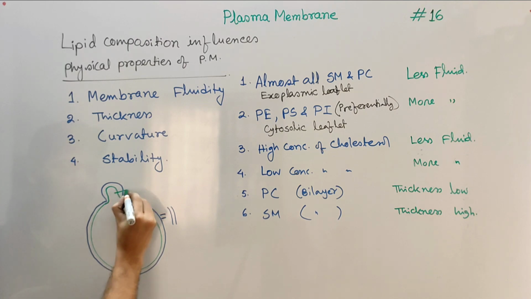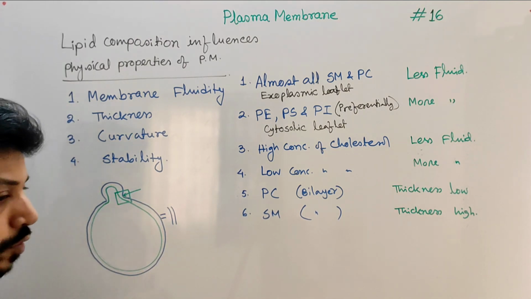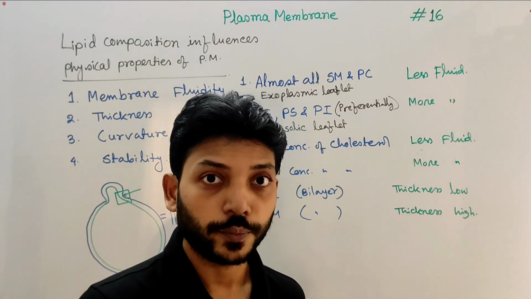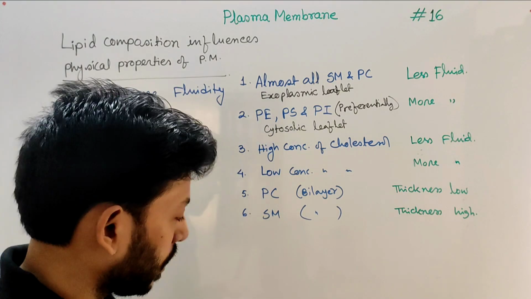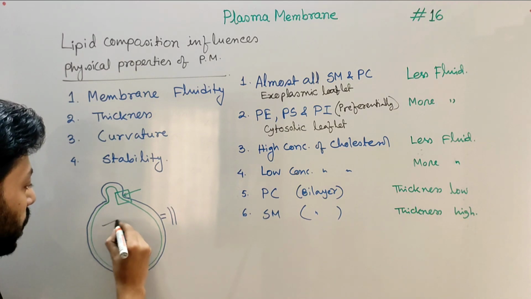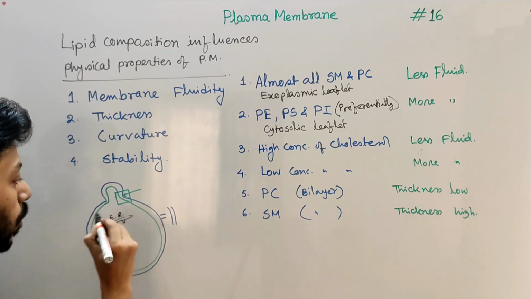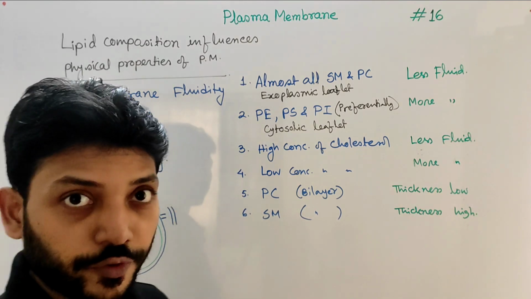This side is the curvature side of the plasma membrane. Also during the formation of vesicles from the endoplasmic reticulum or from Golgi bodies, vesicles bud out and also make curvature.